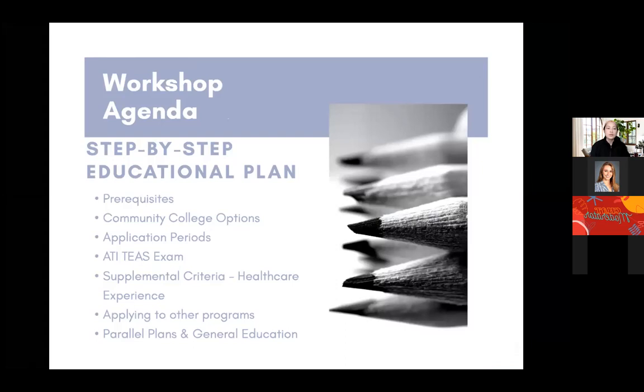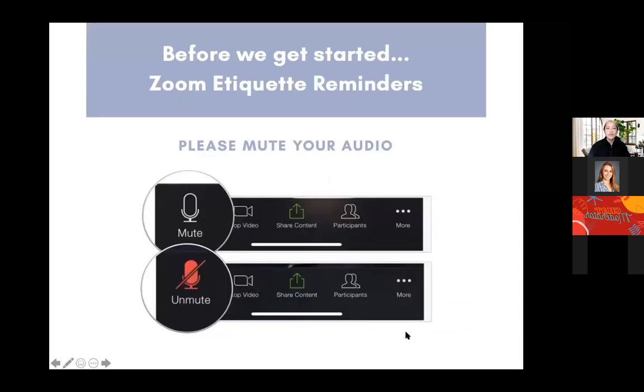We'll also talk about the application periods and the additional admission requirements such as the TEAS exam and supplemental volunteer experience, and briefly your backup plan and the importance of having a parallel plan. By the end of today, you should have a good background of how to create a step-by-step educational plan, and understand when you should be eligible to apply to the nursing program.